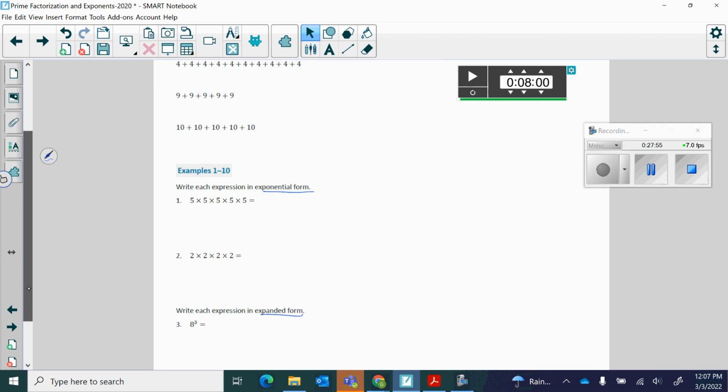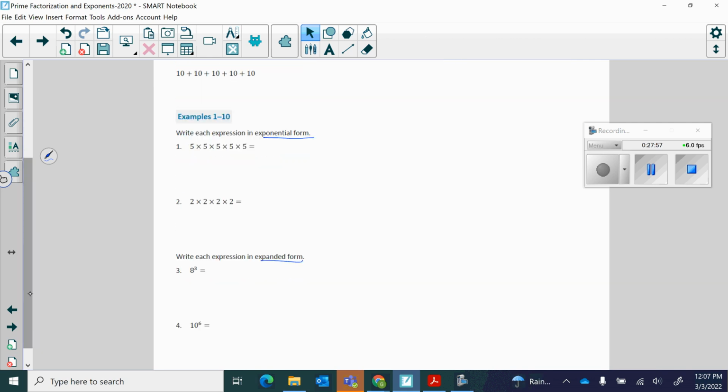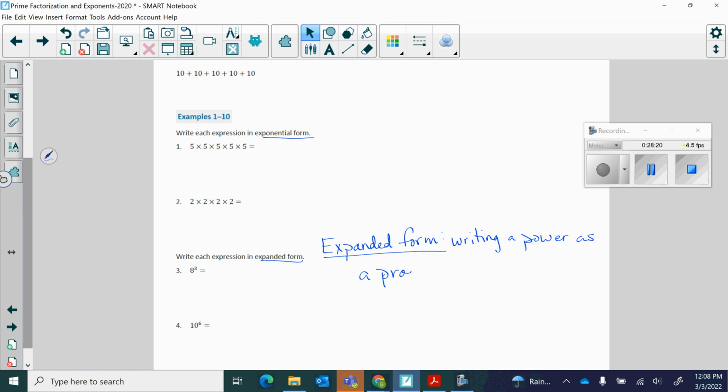Let's add this to our paper today, guys. Expanded form. You guys should be writing this down. We're writing another definition. Expanded form is writing a power as a product of its factors.